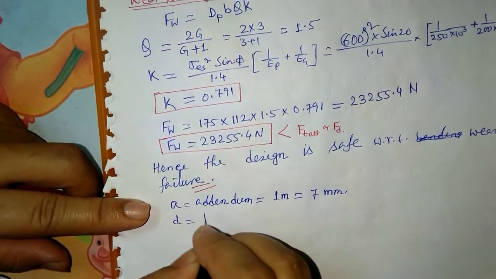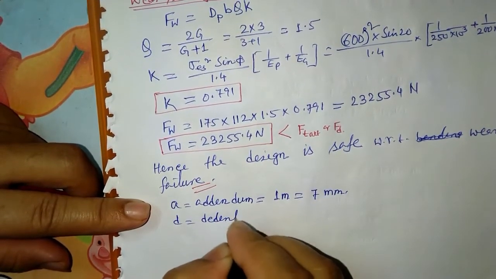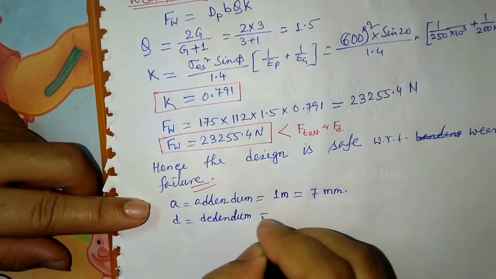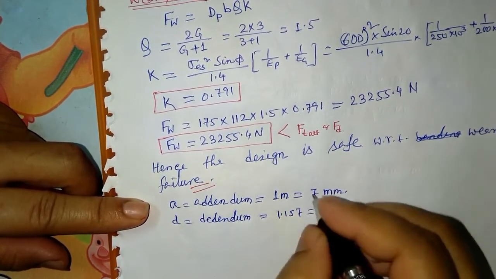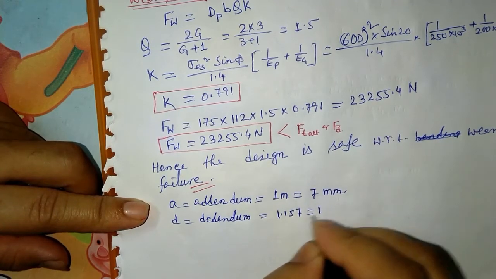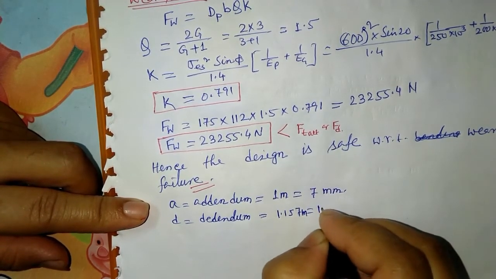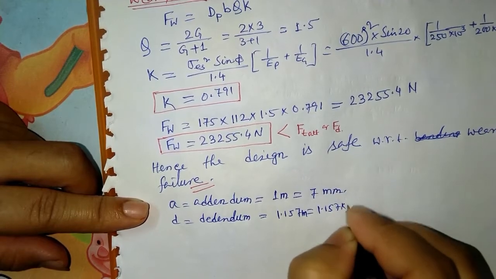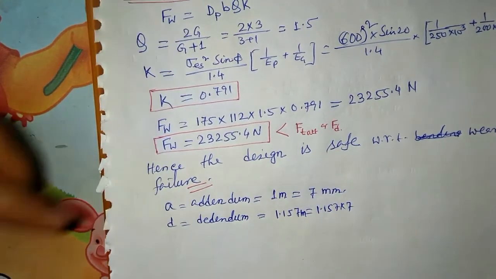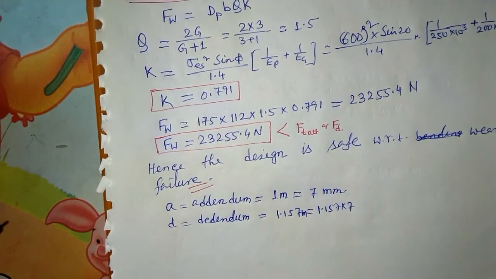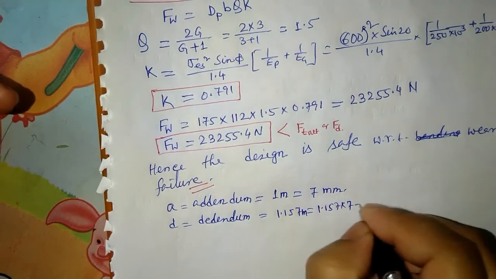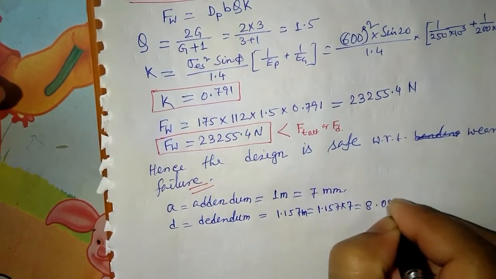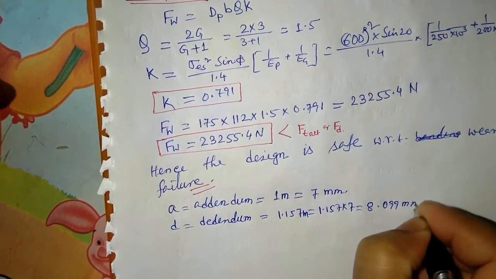D is dedendum, this is 1.157 into m, so 1.157 into 7, and if you calculate it we get 8.099 millimeter.